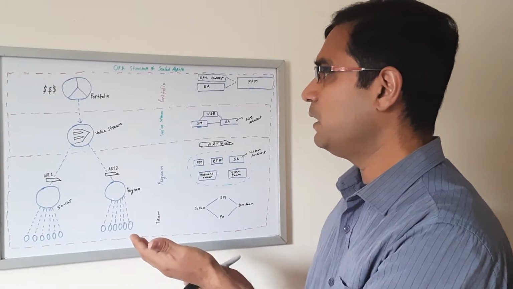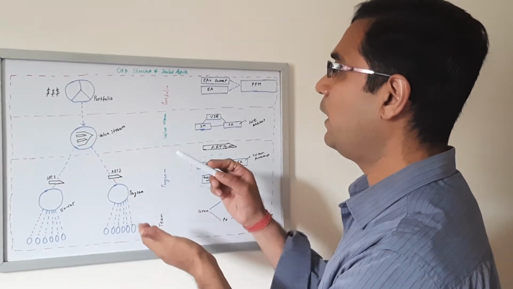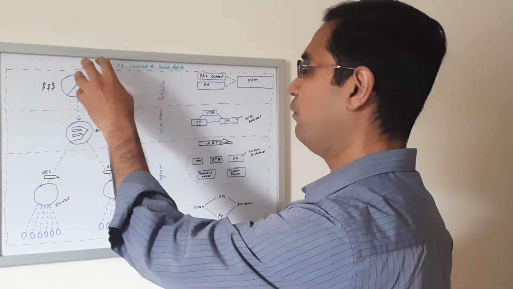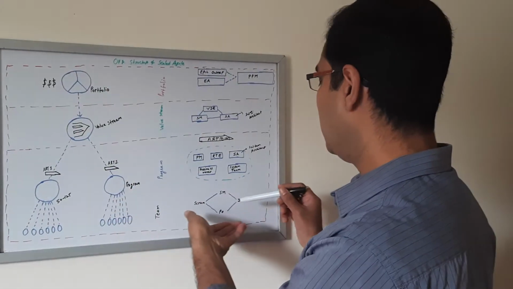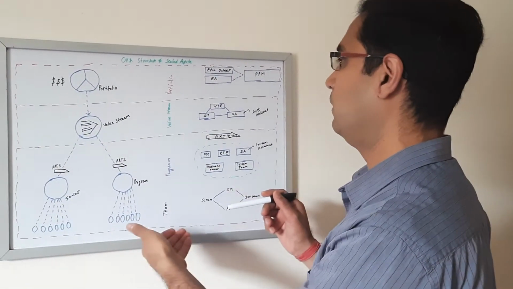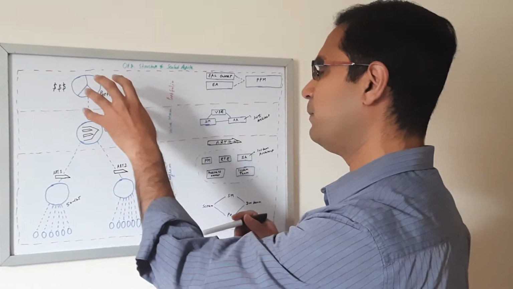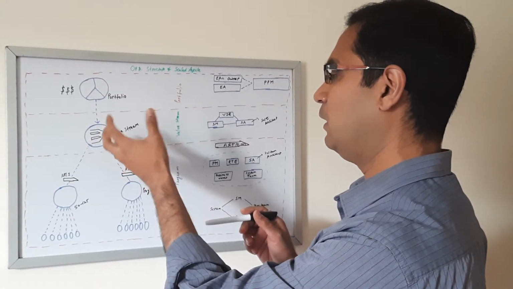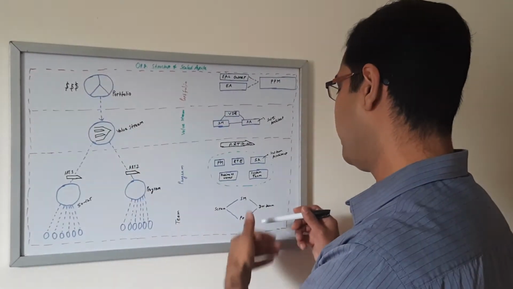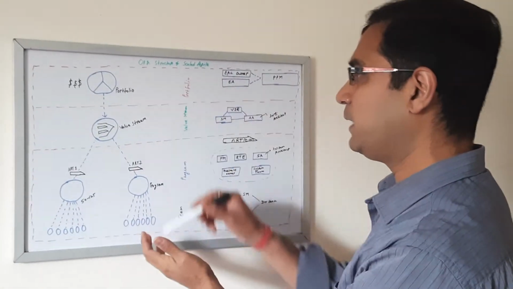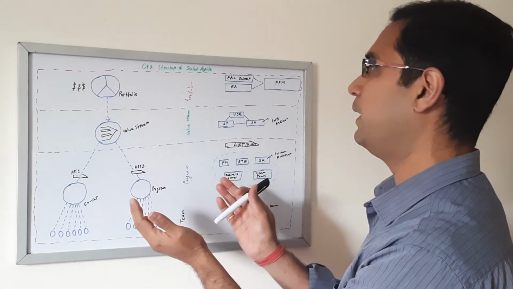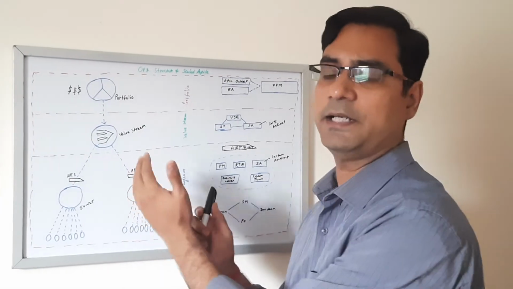Another reason is when you want to align the portfolio level with the development team execution level. The work items created by the portfolio level and the execution done by the development team, all these alignments are done by using the Scaled Agile Framework.